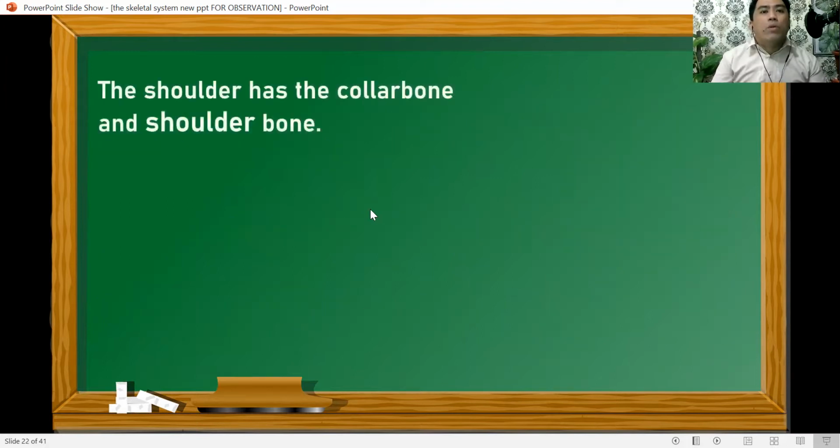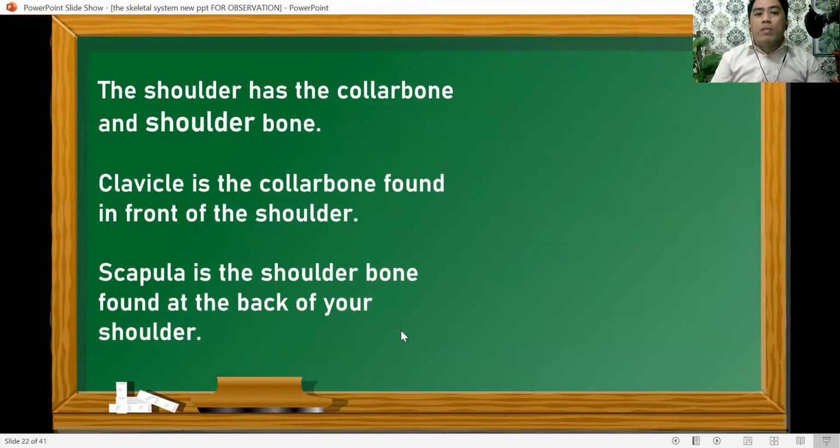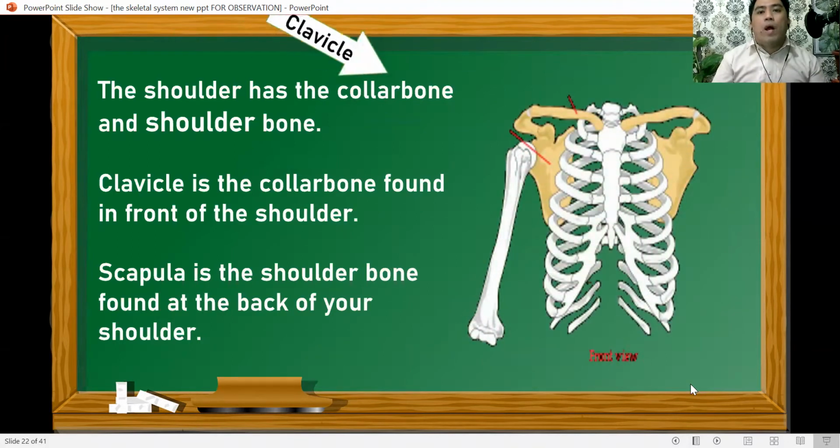Next, the shoulder has the collarbone and shoulder bone. Clavicle is the collarbone found in the front of the shoulder, and the scapula is the shoulder bone found at the back of your shoulder. Okay, so ito yung clavicle.